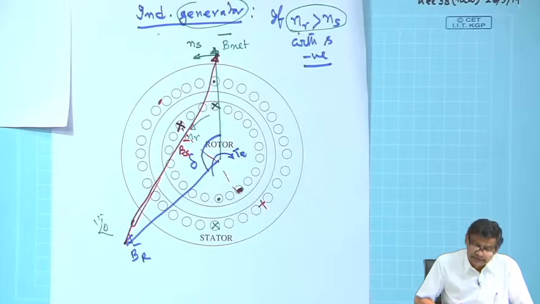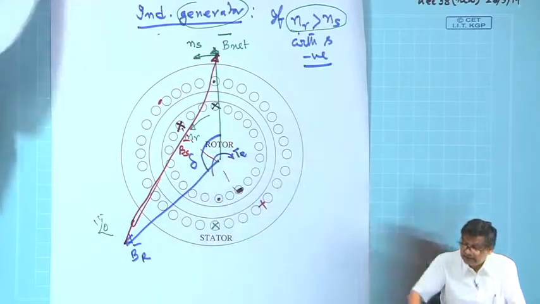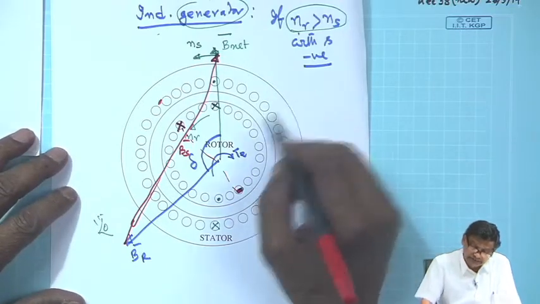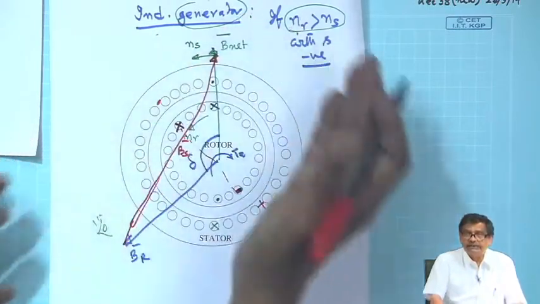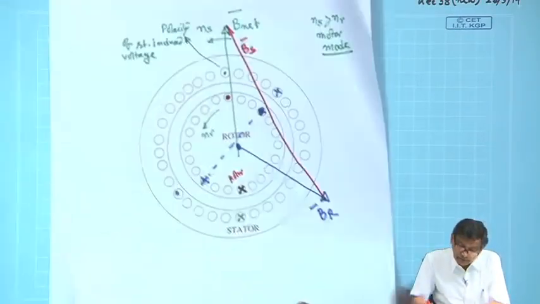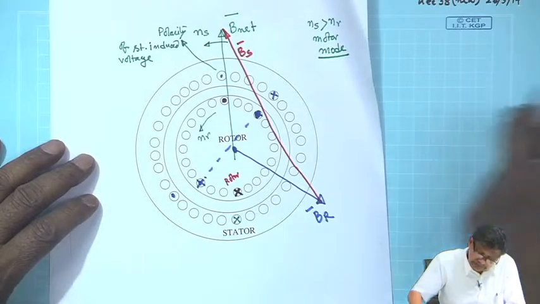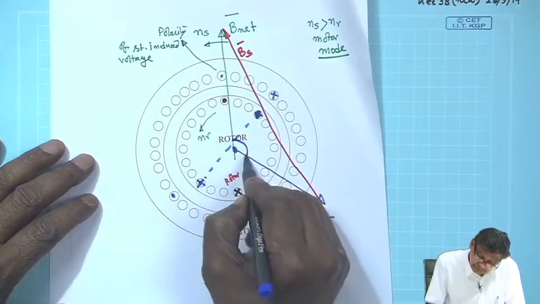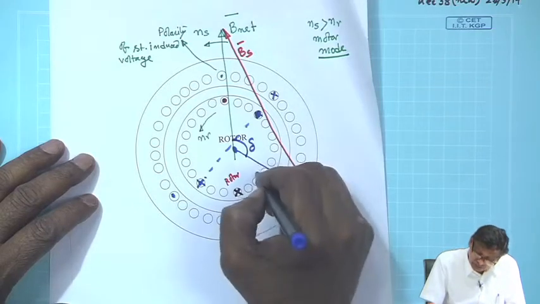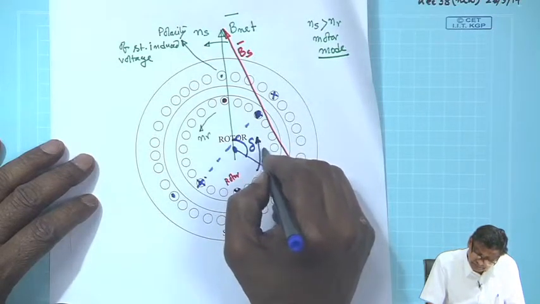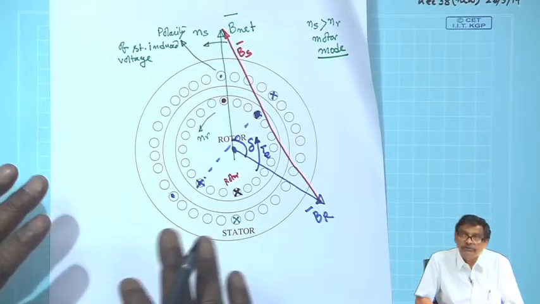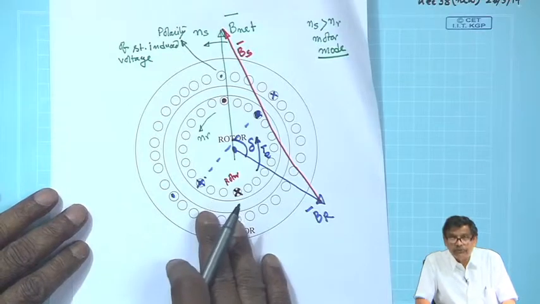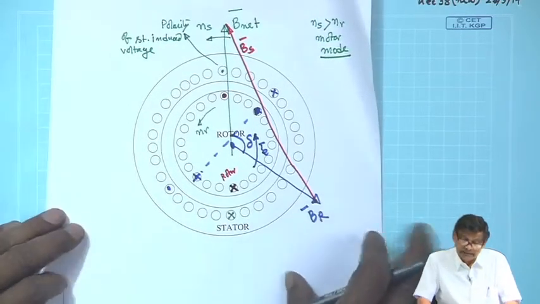Similarly for the rotor, and mind you, this is delta, and we have already seen that the direction of the electromagnetic torque is B R towards B net. In case of motoring mode, you see this is delta, and the torque will be in this direction, along the direction of rotation.